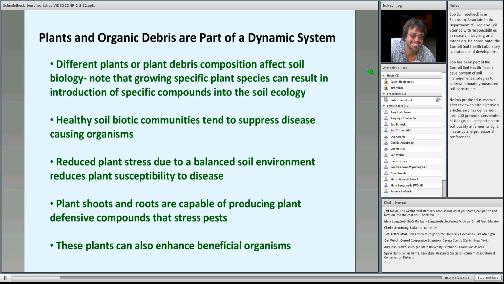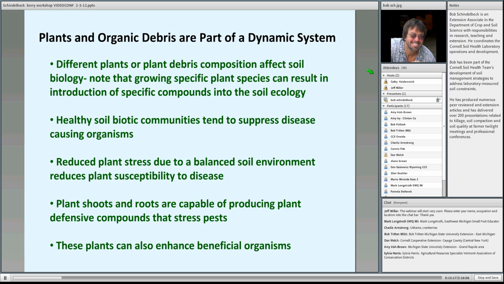We've seen that any number of times now in potatoes, even in strawberries, that we can manage and choose a cover crop that has a byproduct of its breakdown that can affect the soil biology. So that's an example of how we can modify the biotic community to suppress a disease.